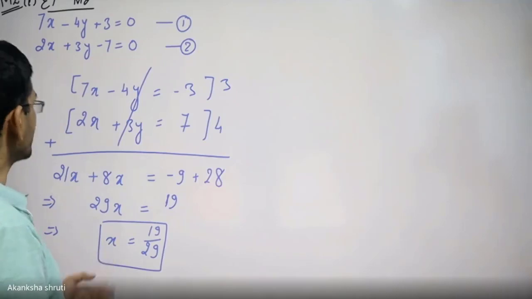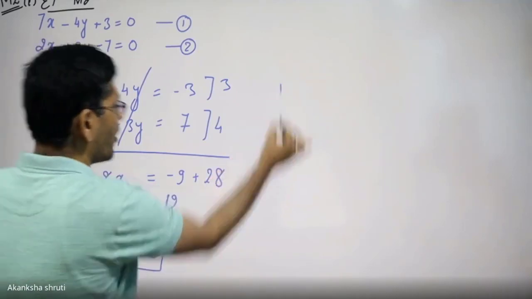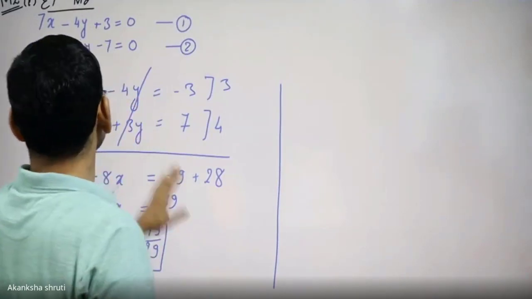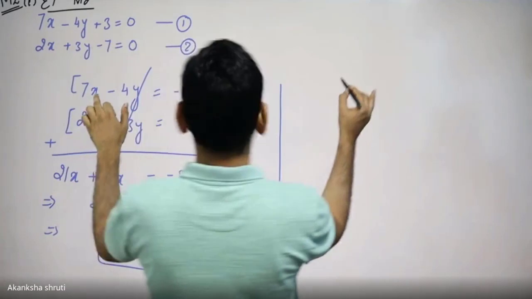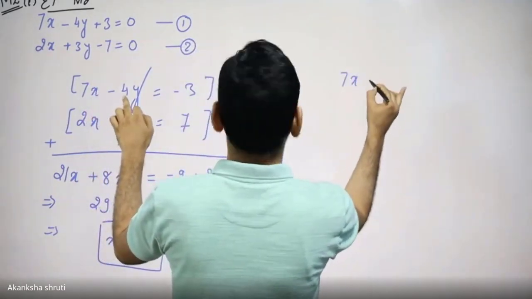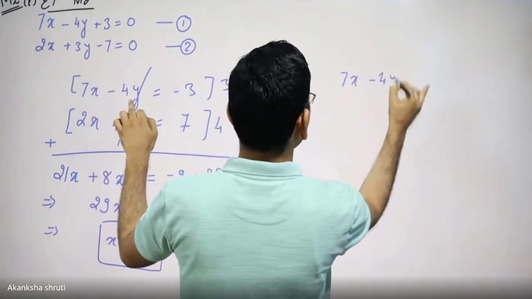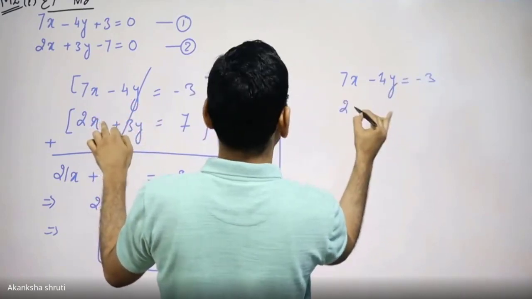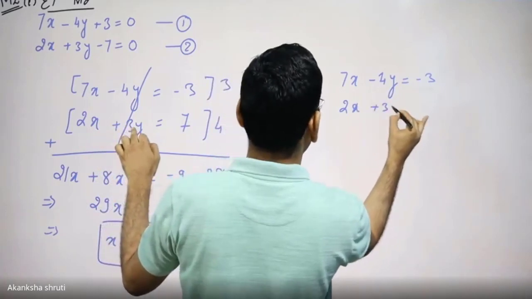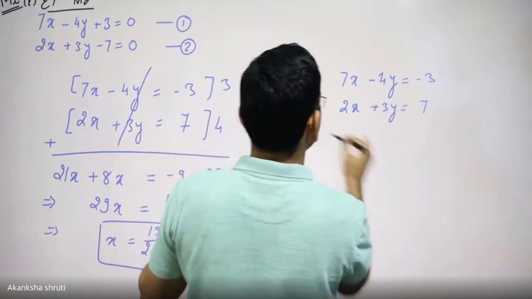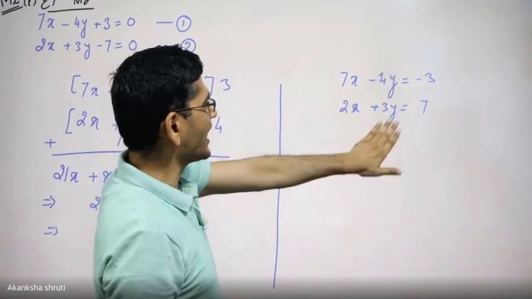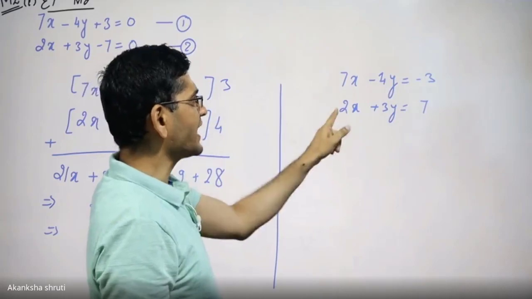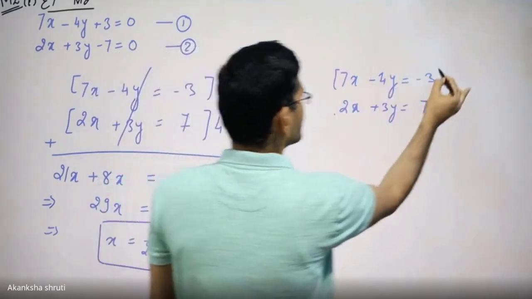Now y can be determined by substituting it, or even by applying this elimination for this x. So rewrite it. 7x minus 4y is equal to minus 3 and 2x plus 3y is equal to 7. Now we want to calculate this y. We need to preserve this y, meaning we need to eliminate this x by equating their coefficients.